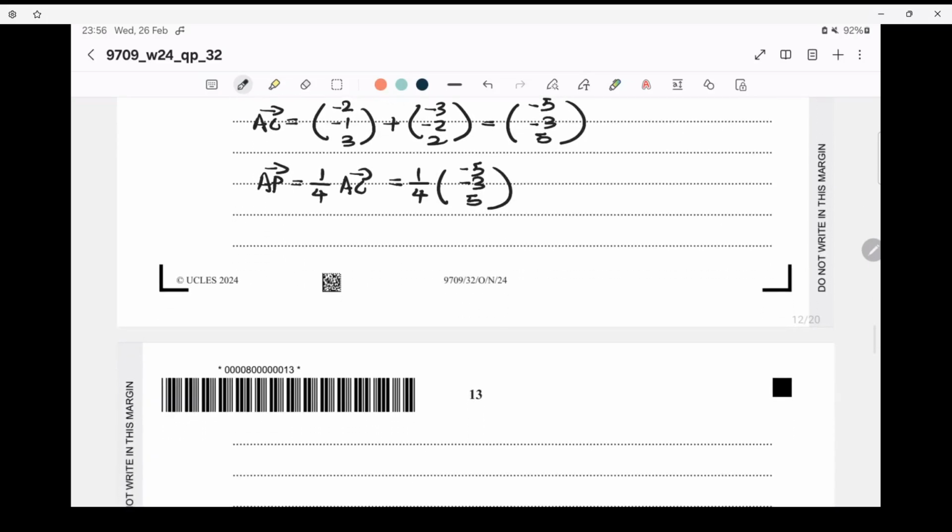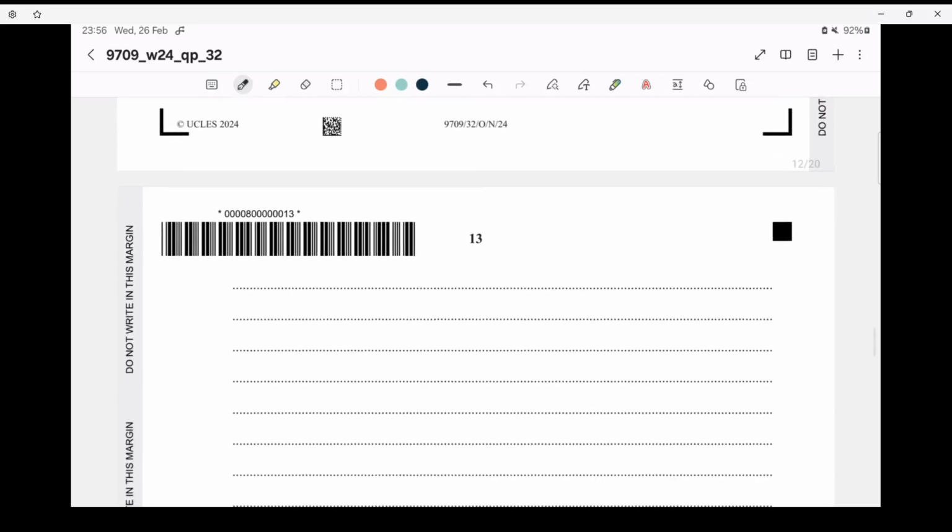So that's how the 1/4 factor comes from. And then essentially you need to find AO plus OP. That is AP. So this is 1/4 (-5, -3, 5).